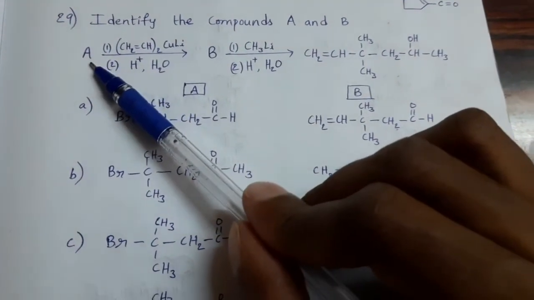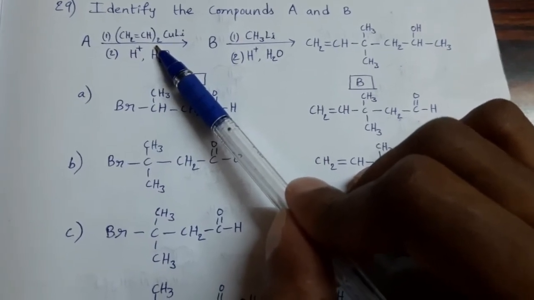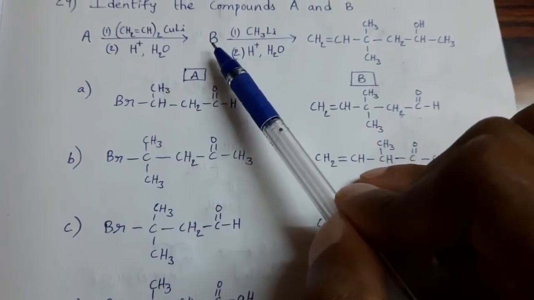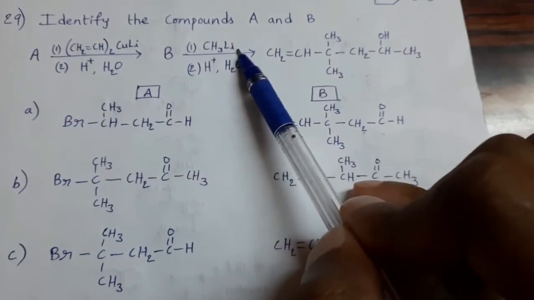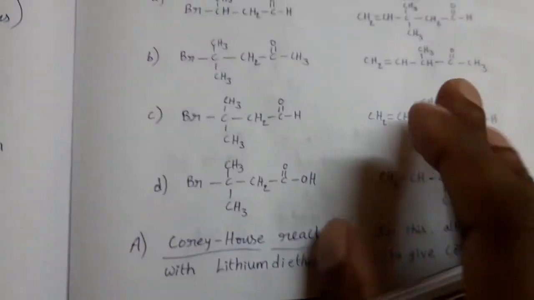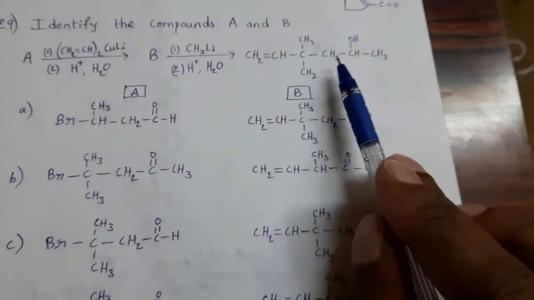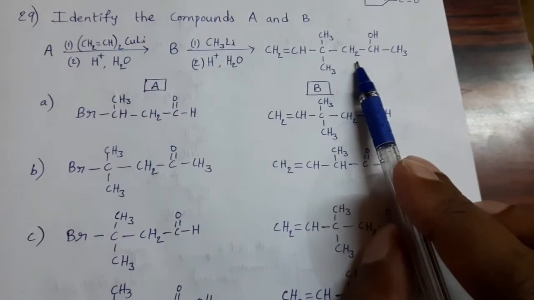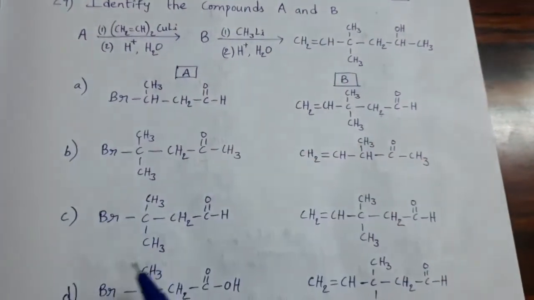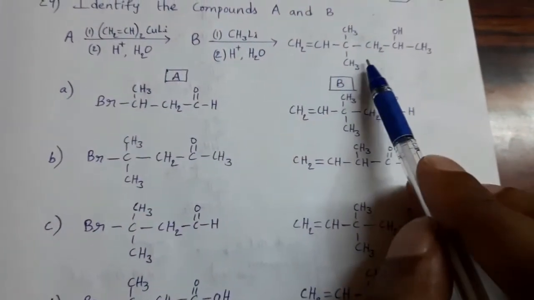So A compound is treated with this lithium divinyl copper, then we can get compound B. It is treated with methyl lithium, then we can get this compound. For this, based on the final product, we have to find out the structure A. So this is the suitable reactant to get the final product.